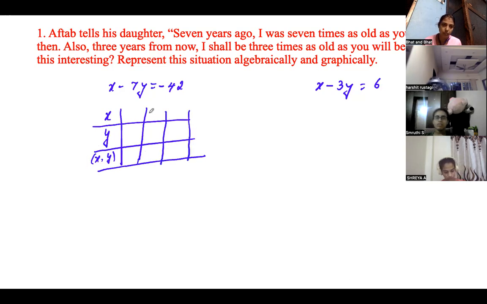We will take 3 points, 3 different values of x. First let us take x is equal to 0. Then x is equal to 42. And then x is equal to 49.